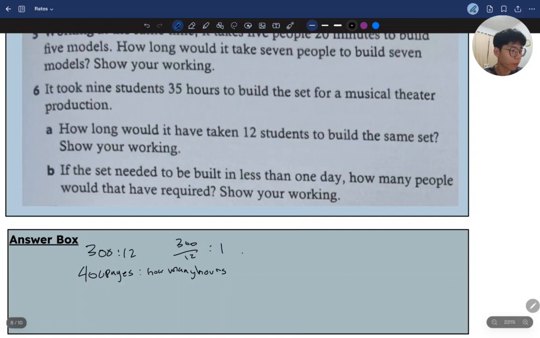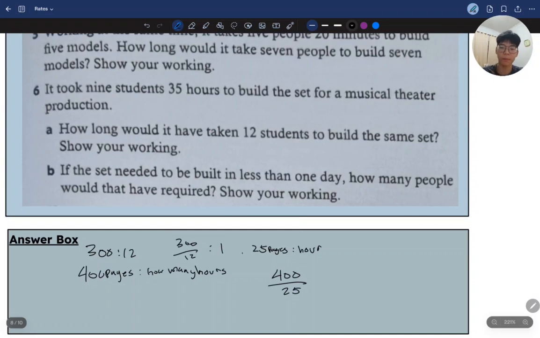So 300 divided by 12 equals 25. So he reads 25 pages per hour. Then we need to divide to find how many hours it will take for a 400-page book.